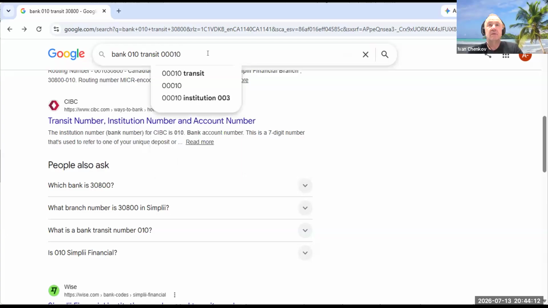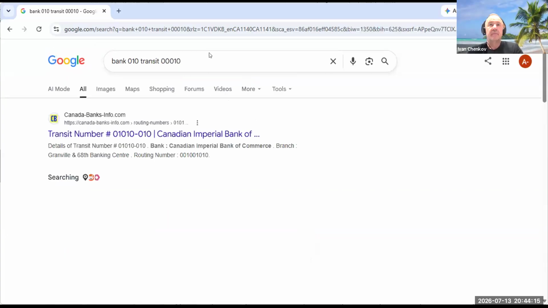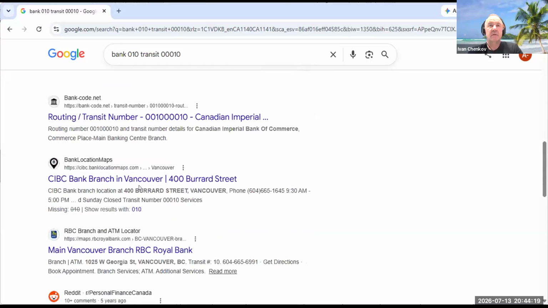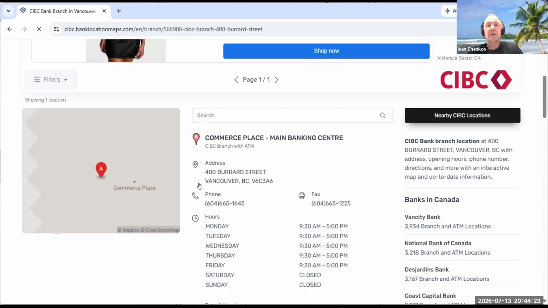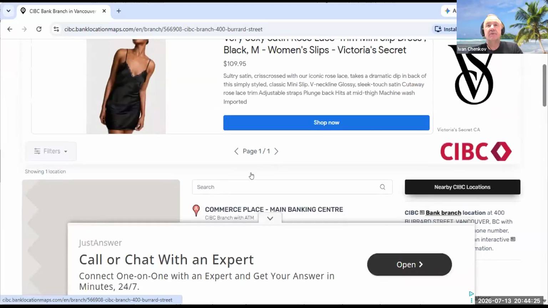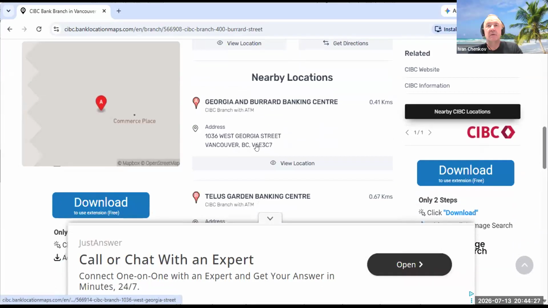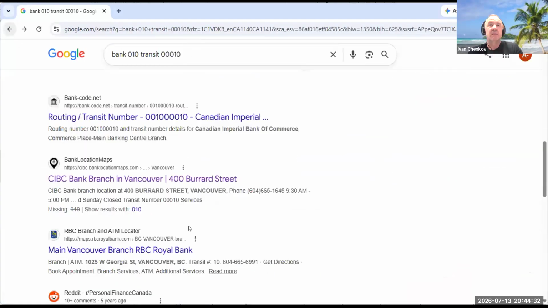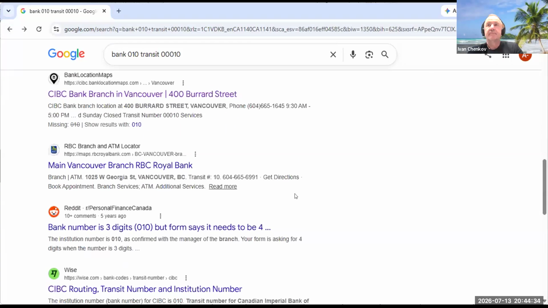The CIBC bank location map, if we go here again, is going to show you all the bank locations and everything that you can find. So that's how you can easily identify which bank it is and where exactly it is.